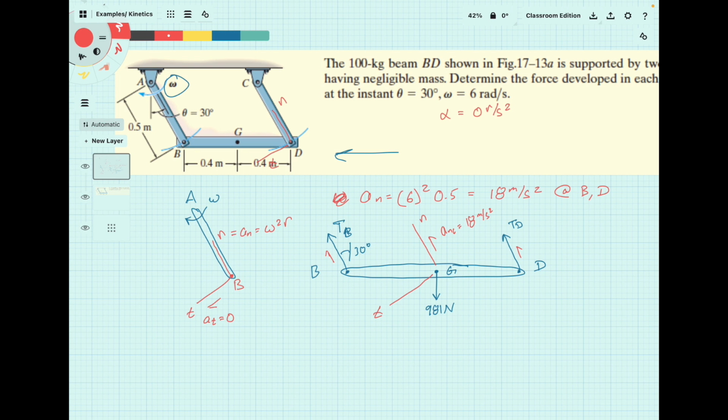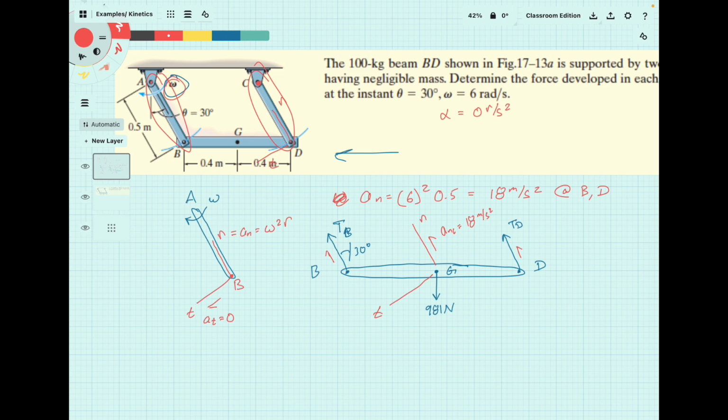Now, as far as tangential acceleration at G, we cannot say that it is 0, or at least not using the same logic that we used for B and D. We can say that B and D have no tangential acceleration because they are attached to links that have fixed points of rotation and a fixed rotational speed.